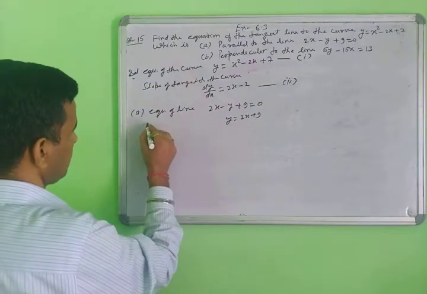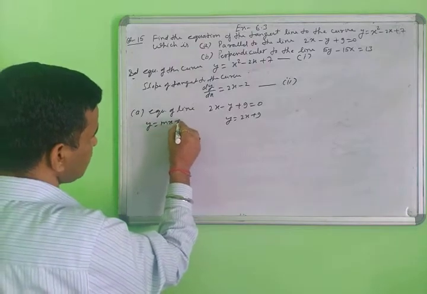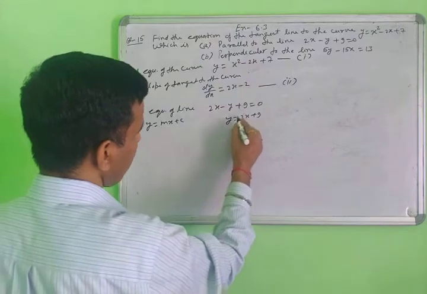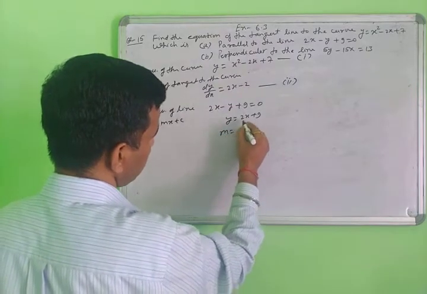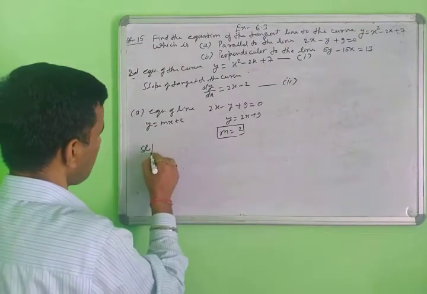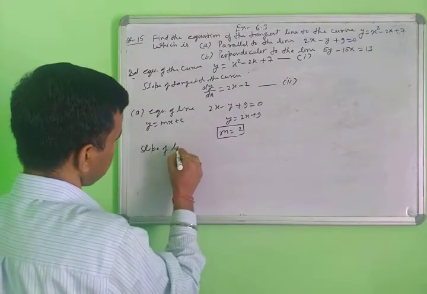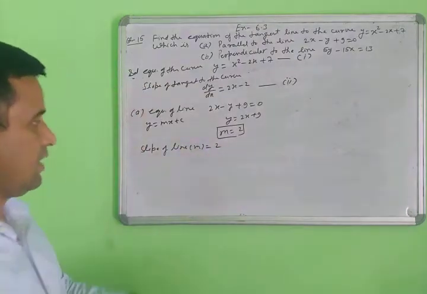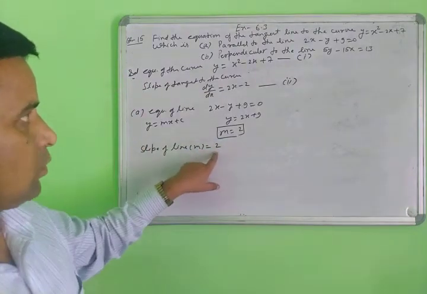Comparing, the value of m here is 2. Means slope of the line, m equal 2.